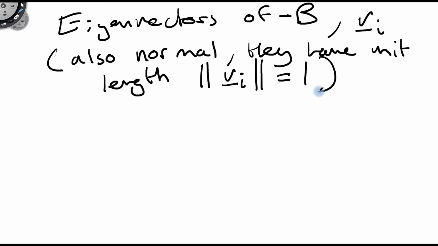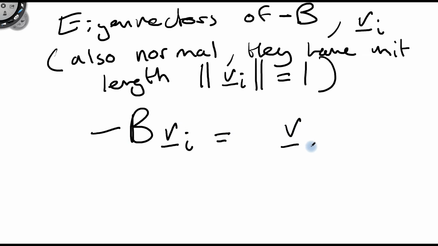Remember the definition of an eigenvector: if you multiply your matrix by an eigenvector, it conserves the direction of the vector but simply multiplies it by the eigenvalue. We're assuming the eigenvalues in this case are real.